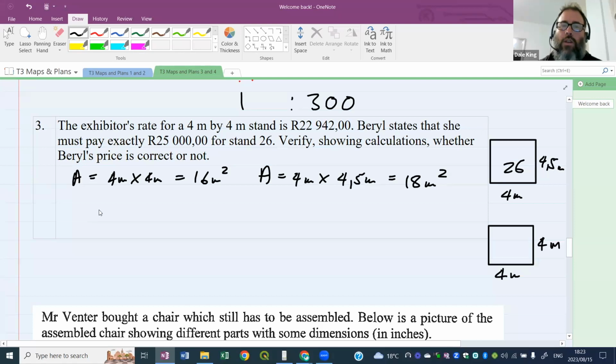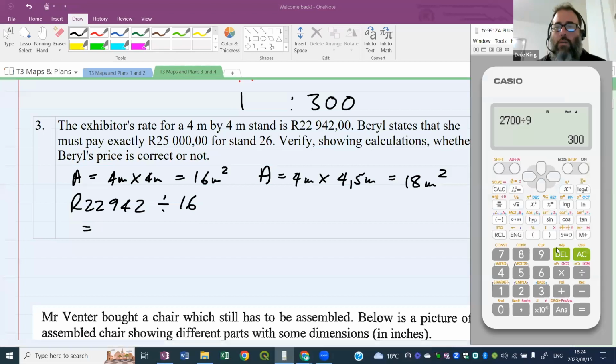Yeah, one of the two. So we could either do how many meters squared for 1 rand, or you could say how many rands per meter squared. Can you divide 22,000 with 16? All right, so if you divide 22,942 divided by 16, this will give us a per square meter value.